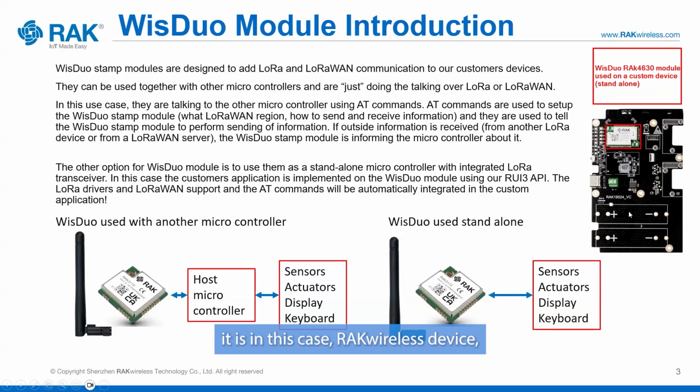It is a custom RAKwireless device where the stamp module is the only microcontroller in the system, and it takes control over the communication. For those of you who are familiar with WisBlock, you can see here interfaces from WisBlock, so we can put WisBlock modules in here. This node device can directly communicate with them, collect sensor data, work with actuators, and run its own firmware.